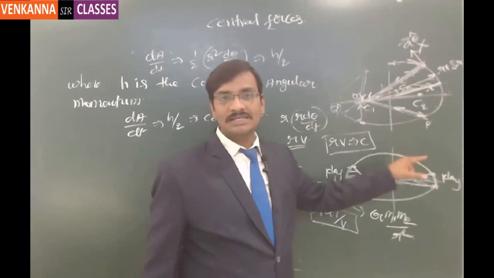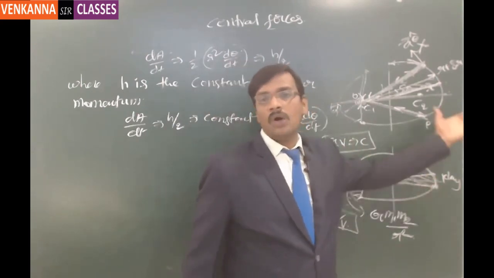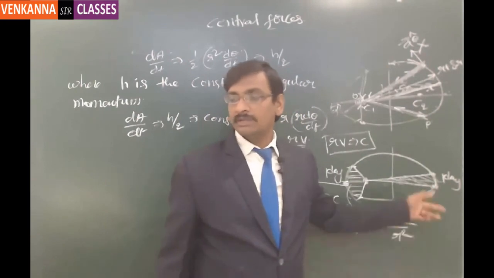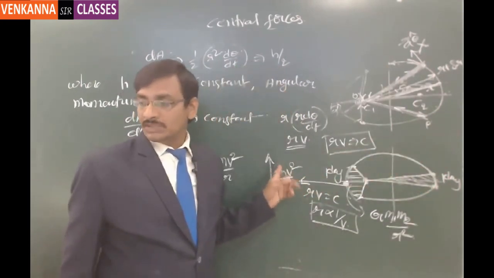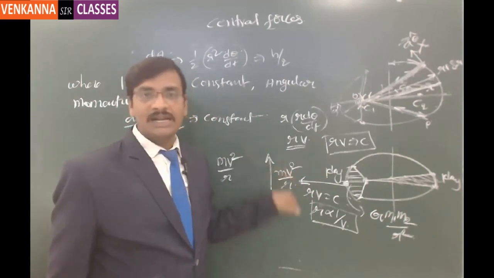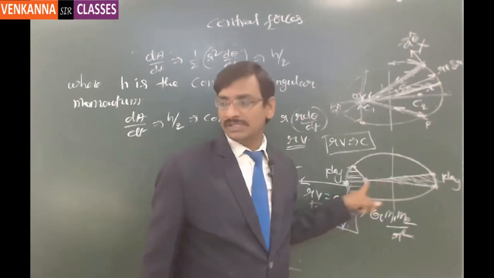Hence, in such cases, the planet can go out of the orbit, because the centrifugal force is more, provided it is not reducing its velocity. So it will reduce its velocity so that it will compensate the central force of the sun.